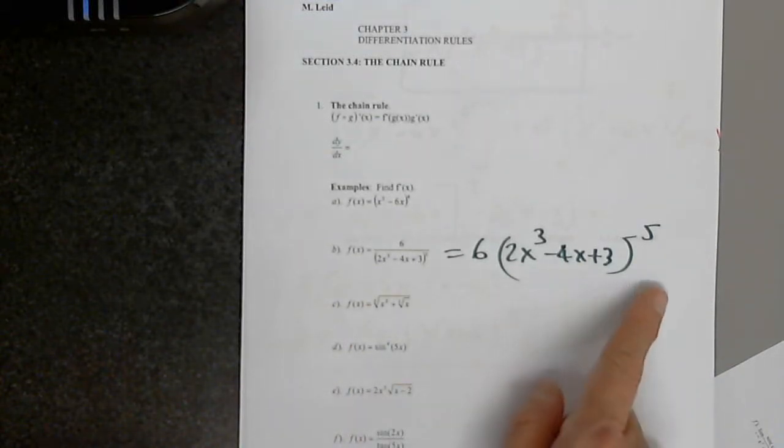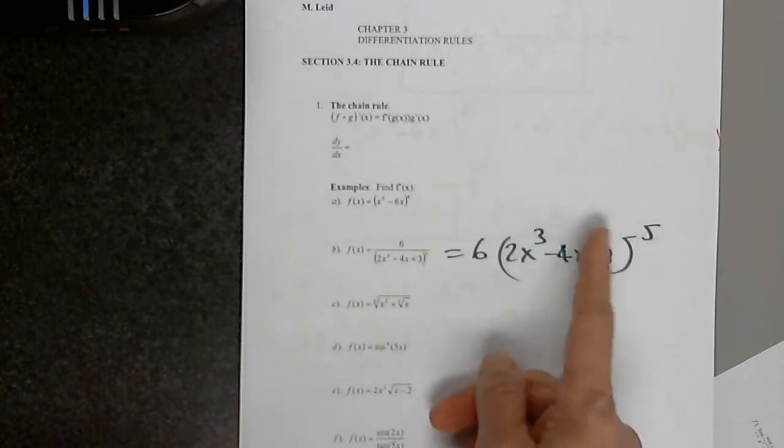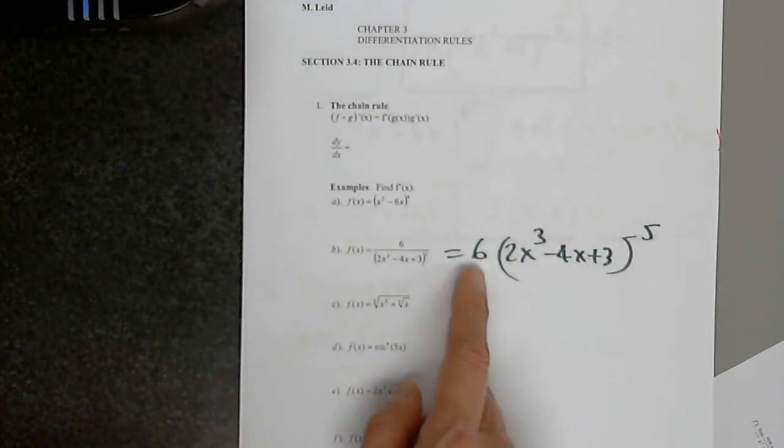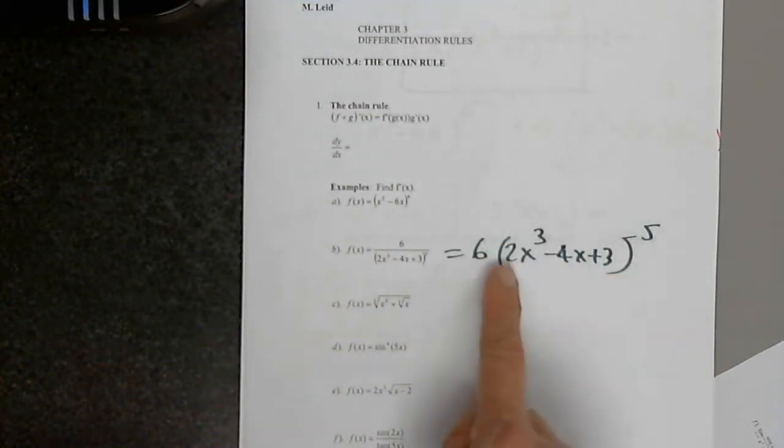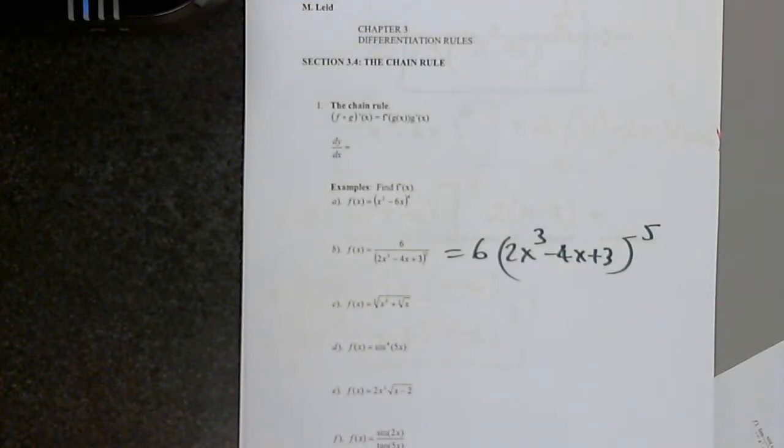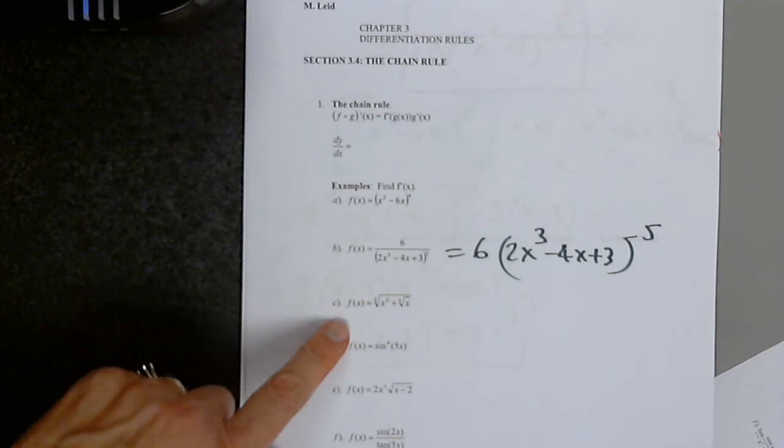Yes? So this is exactly like this. You bring down the negative 5, so you have negative 30 times this to negative 6 times the inner function prime. And you will not be able to do anything else. Is that okay? Everyone? Yes? Okay, let's work on C.